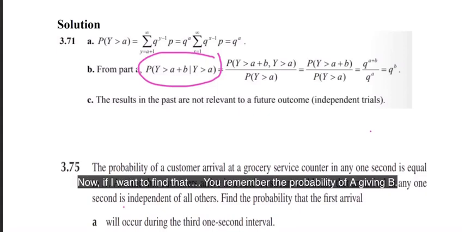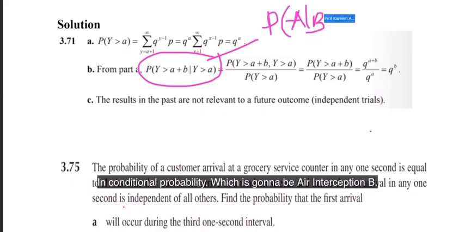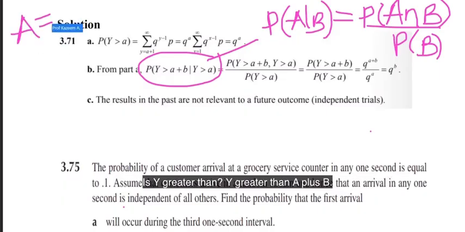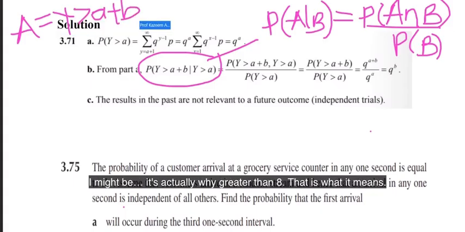Now if I want to find that, you remember the probability of A given B in conditional probability, which is going to be A intersection B divided by the probability of B. In this case, my A is y greater than a plus b, and my B is actually y greater than a.